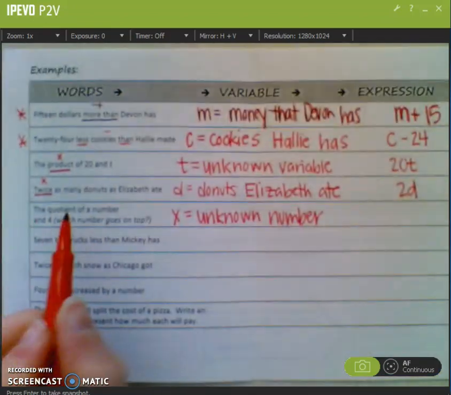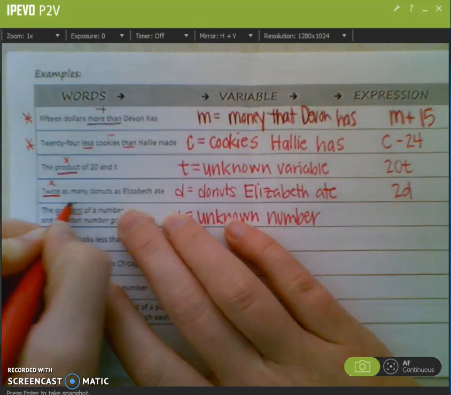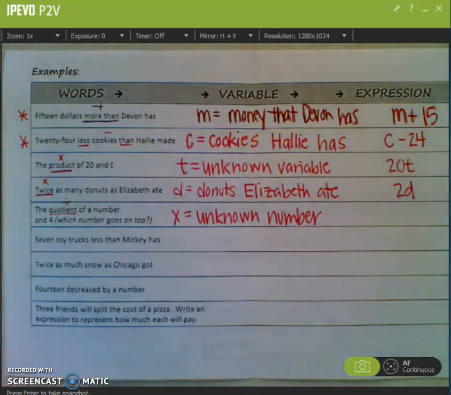It says the quotient of a number and 4. Quotient means divide, so we should recognize that as a division word. We're going to put the unknown number on top because we have to go in order. So X is my first number and 4 is my second.